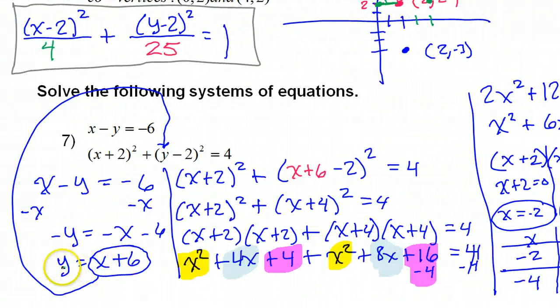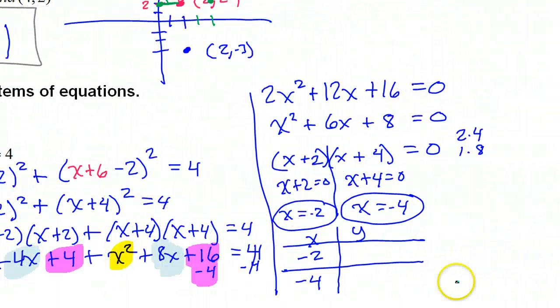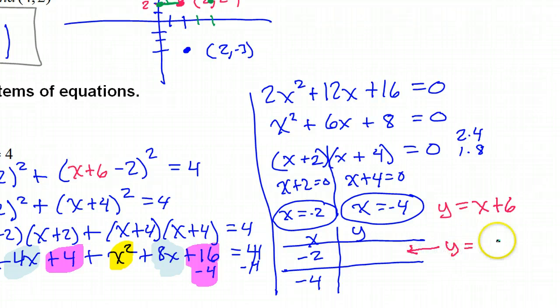Oh, it's right here. y equals x plus 6. I like the y equals part because it tells me what y equals. So for this problem, y equals negative 2 plus 6. Well, gosh, that's 4. And here, y equals negative 4 plus 6, and that's 2.